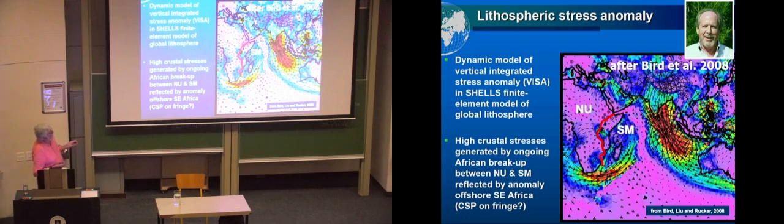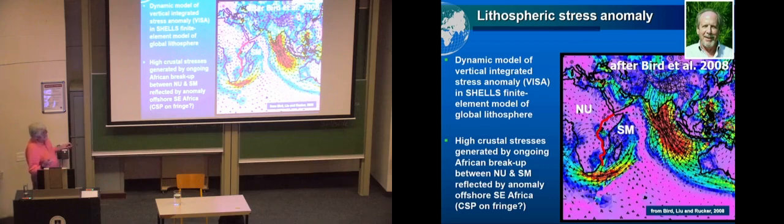But within these wide plate boundary zones, and in particular very slow-moving plate boundary zones, is something called the India-Capricorn boundary over here, offshore of Sumatra. And that's got the complication of the Sumatra Trench there. That is the biggest stress anomaly on the planet.